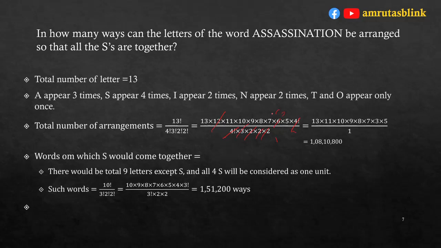So 10 factorial upon 3 factorial into 2 factorial into 2 factorial. Now if we solve this expression, we get 1,51,200 words. That is, we can create such words in 1,51,200 ways.